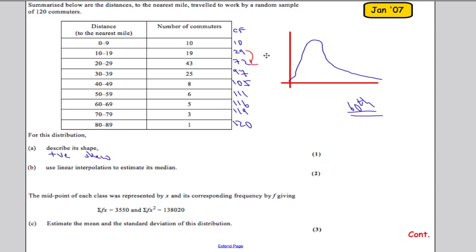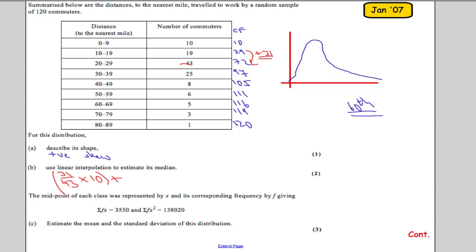So I need to add 31 onto 29 to bring me up to 60. So I need 31 out of the 43 in that group, and I'm going to multiply that by the class width, which is the gaps in the data, which means it goes from 19.5 to 29.5, so the class width is 10.